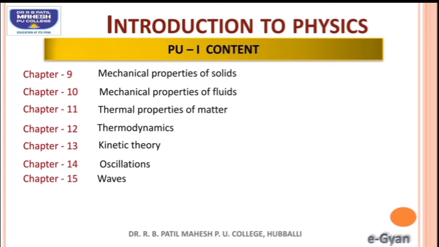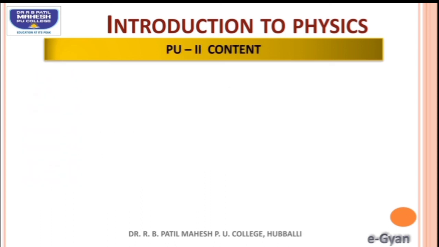Now we'll see what are the contents in PUC 2. Chapter 1, Electric Charges and Fields. Here you will be studying about electric charges at rest and their properties, how electric field is produced and its properties.